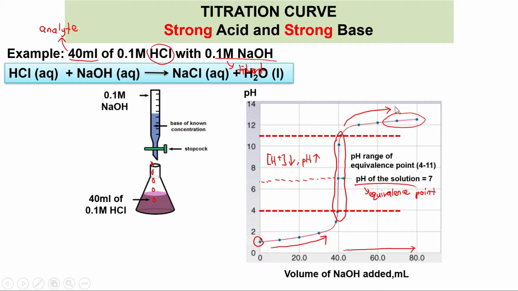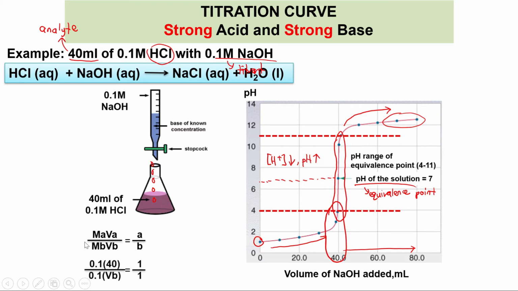How do we know, when sketching this titration curve, that this steep portion is at 40? Because we have to do some calculation here. We use this equation, MAVA over MBVB equals a over b. A over b is the stoichiometric ratio. Therefore, you must write down the equation correctly first.